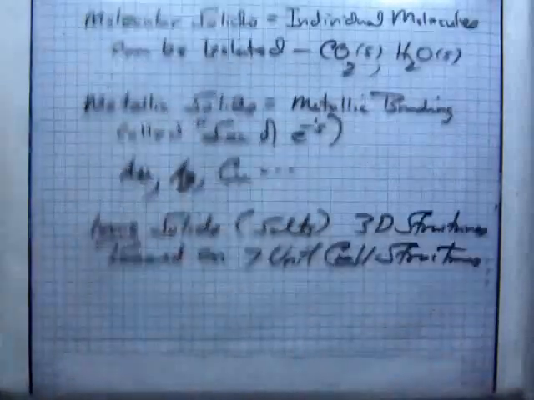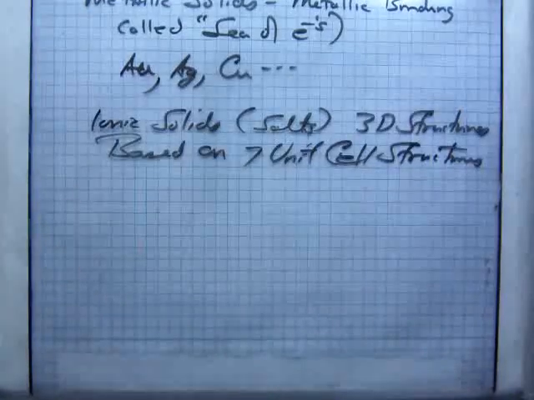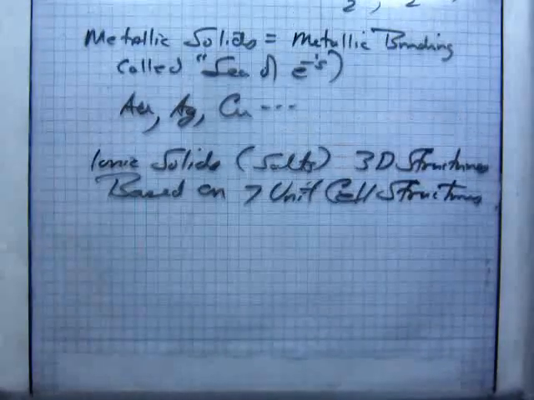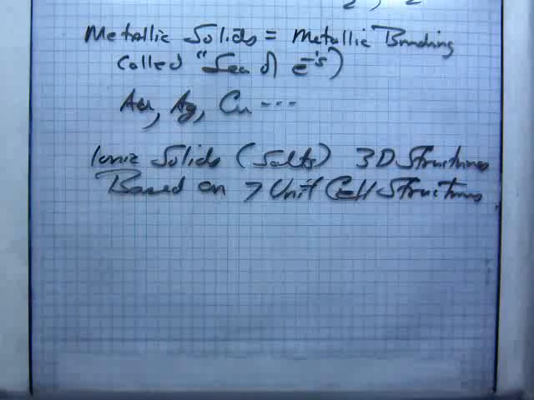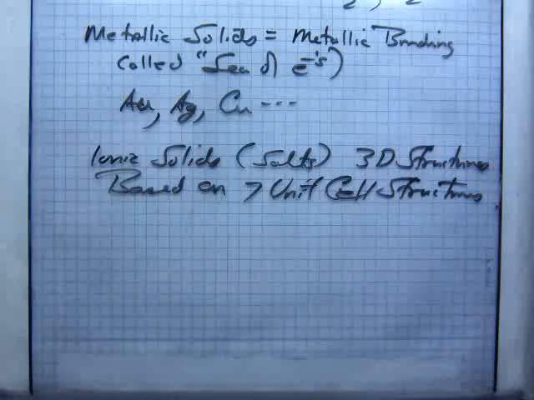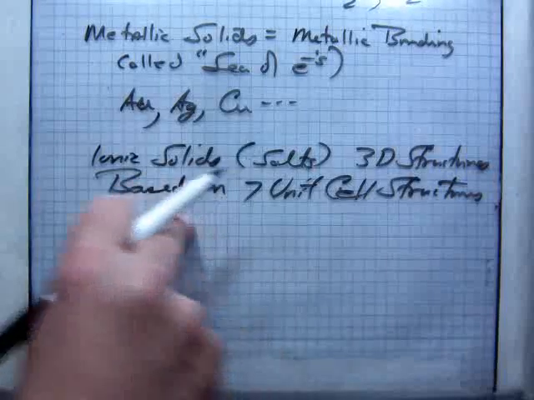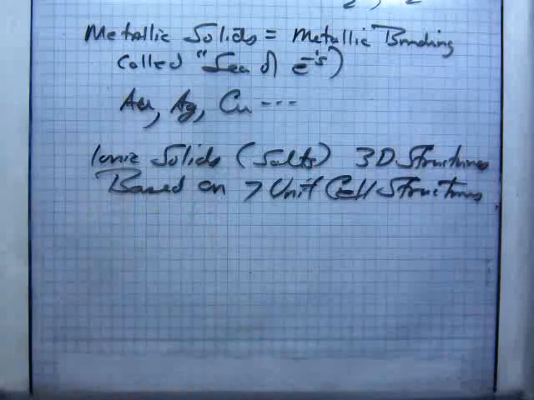Now, I don't know what your future holds, but in ionic salts, many of you have seen crystalline demonstrations and seen salts that have been crystallized. Well, these come from 7 basic structures. Now, I'm not asking any specific questions, but this is a note that you might find useful in the way I present it. There is an acronym for the base crystalline structures that generate the different salt crystals.